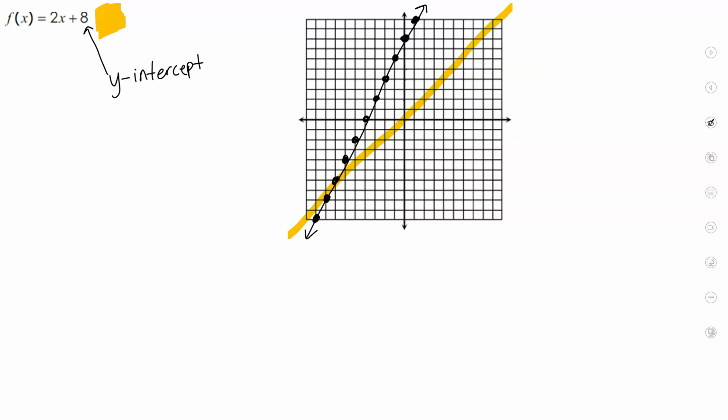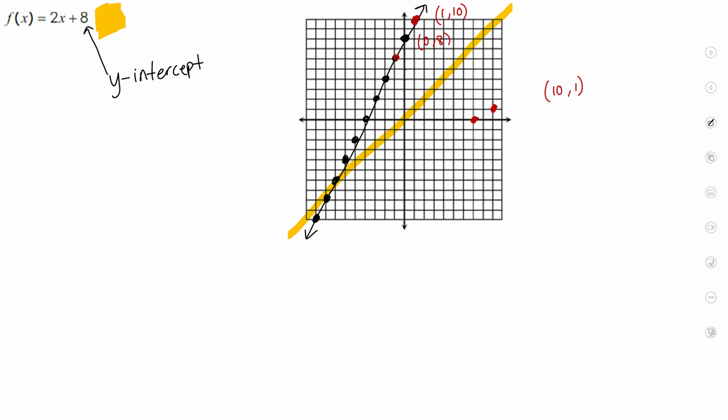All right, so I heard some great ideas. Someone said that this point right here is the point 1, 10, and she just switched the coordinates. So on the inverse, the point 10, 1 will be on the line. That's right here. This point is 0, 8, so the inverse will be at 8, 0.